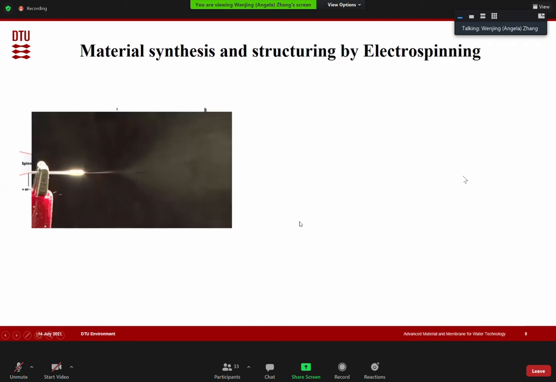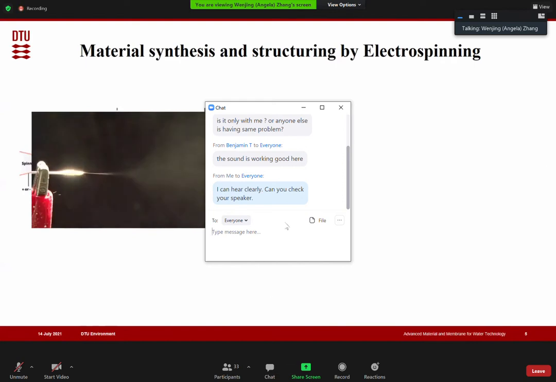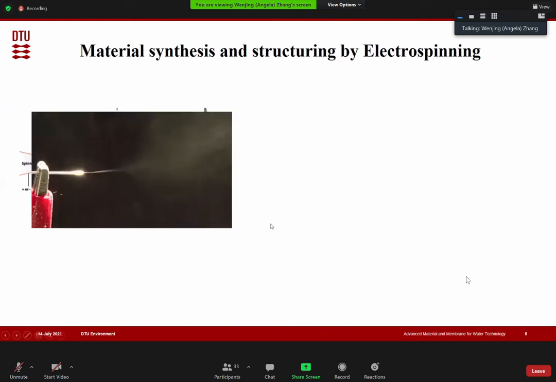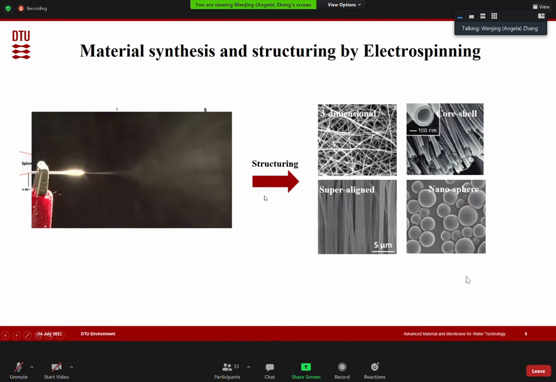With a constant supply of polymer solution, once you apply the voltage, you will have a generation of nanofiber waterfalls. If you put a substrate on the other side and ground it, all your nanofibers will aim at this substrate and form the nanofiber.